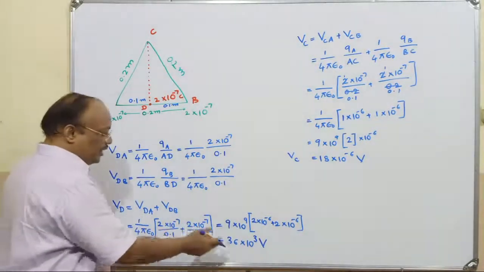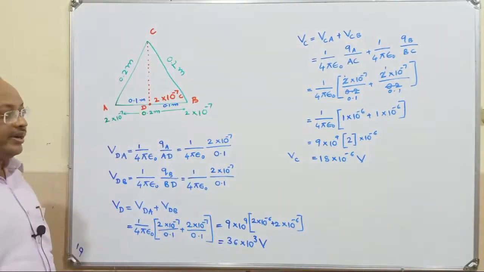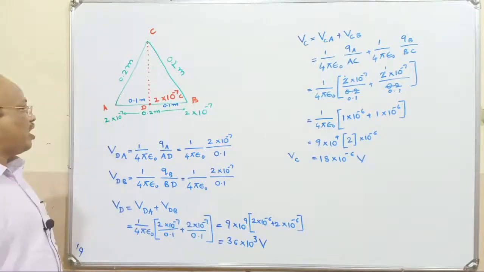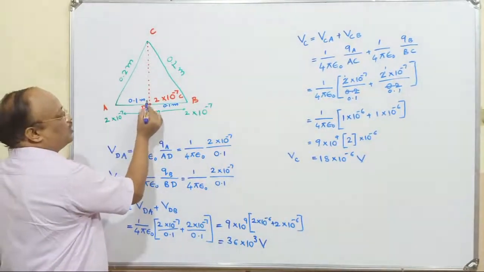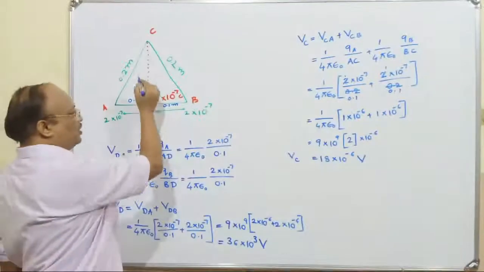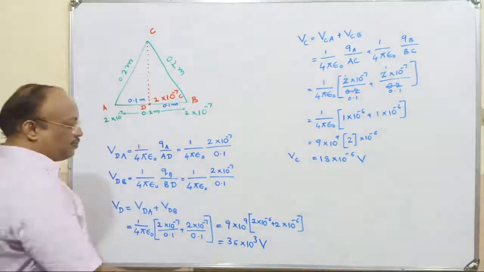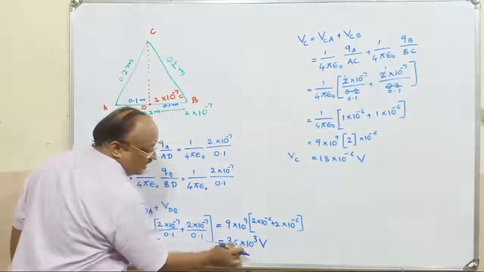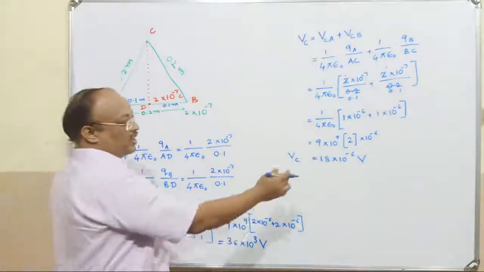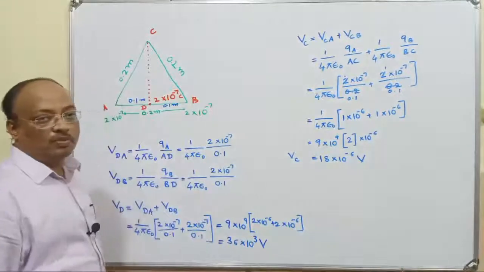And VD we got it as 36 into 10 to the power of minus 6. So we have to move from here to here. Which is at higher potential? This is at higher potential. Which is at lower potential? VC is at lower potential.